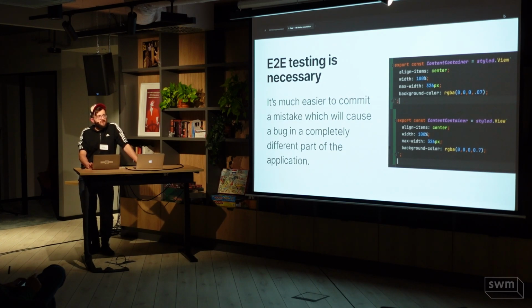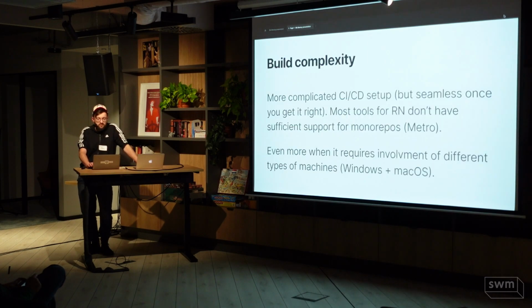So randomly, out of nowhere, this container disappeared on the web, and we had no idea what changed, because at this point we didn't do any development work on the web. So this is something that we can't cover with manual testing. End-to-end testing is necessary for projects when we have a shared code base.